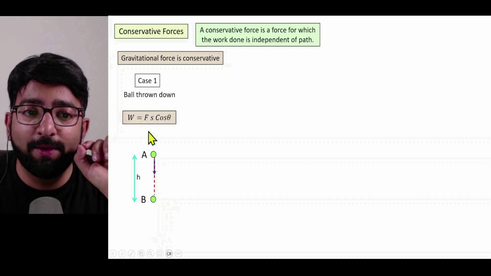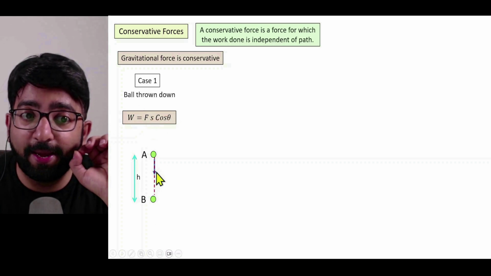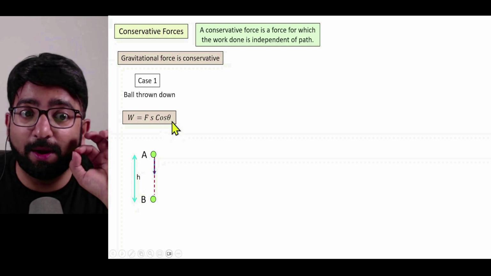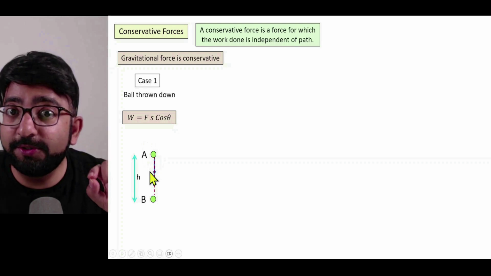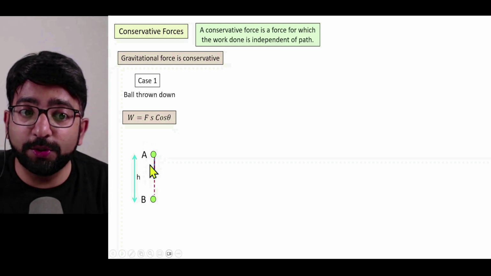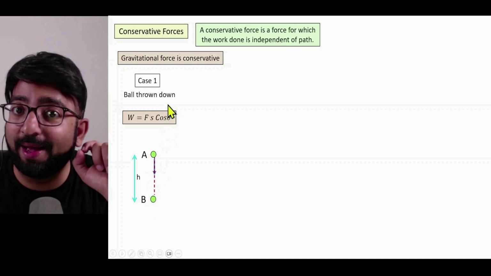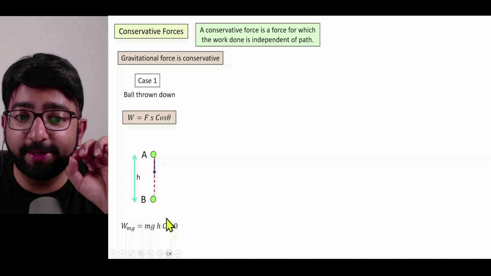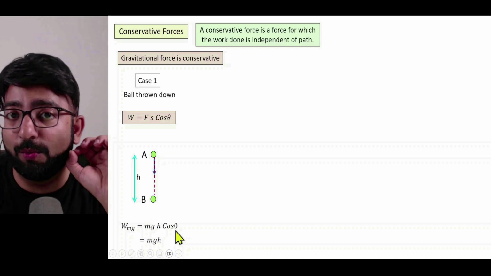The work done is given by the formula Fs cos theta, where force will be mg, displacement in this case will be the height h, and theta will be 0 degrees, since mg is acting downwards and the ball is going downwards. So the displacement is downwards and the angle is 0. Hence the work done by mg is mgh cos 0. Cos 0 is 1, so mgh is the work done.